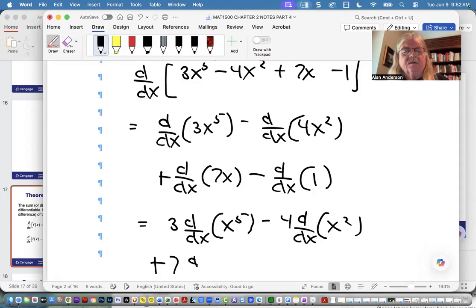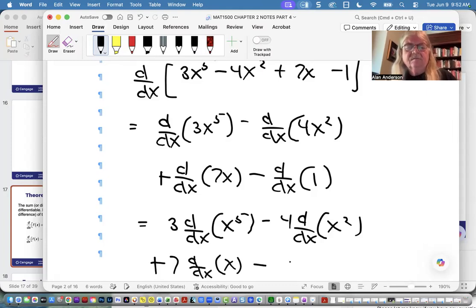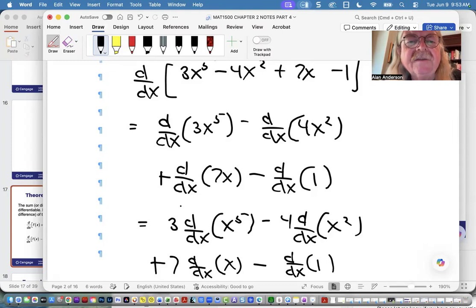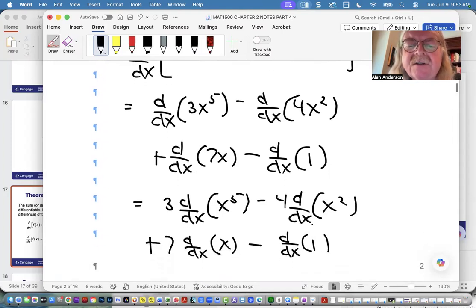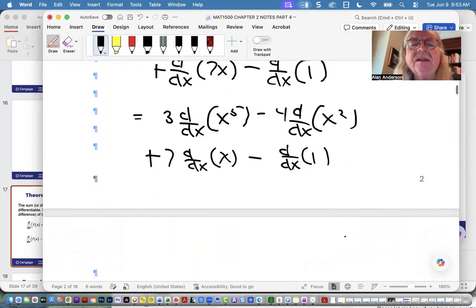It's so easy to do. All right, so what you really have is 3 d/dx of x to the fifth minus 4 d/dx of x squared plus 7 d/dx of x minus d/dx of 1. And now you're applying the power rule here to each of these terms. And then you're adding and subtracting.